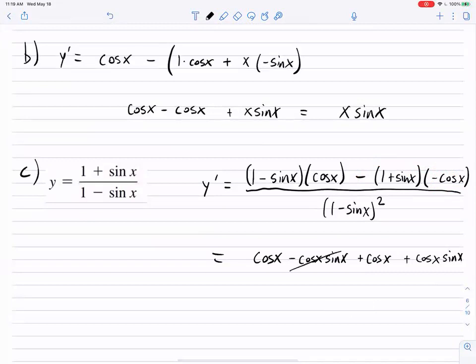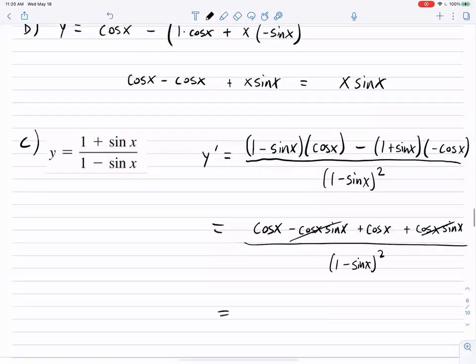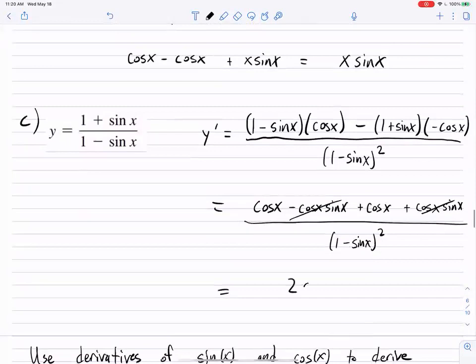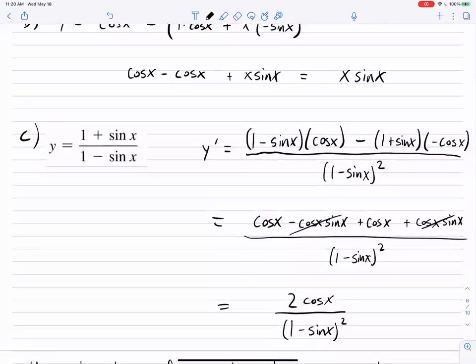So that will cancel with that, all over 1 minus sine of x squared. So our final answer is going to be 2 cosine x over 1 minus sine of x squared. And so that's what the derivative is.